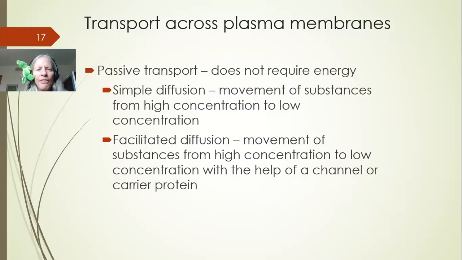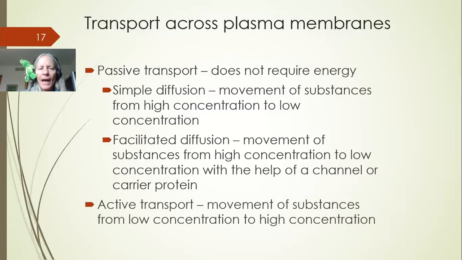And then, in contrast to passive transport, cells can also use active transport, where they move substances from where they are in low concentration to where they are in higher concentration. This requires energy because molecules are moving up their concentration gradient rather than down it.